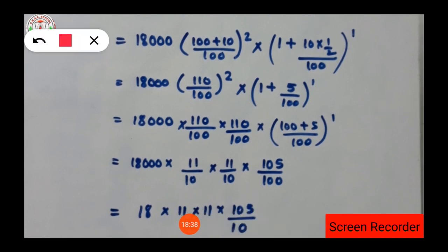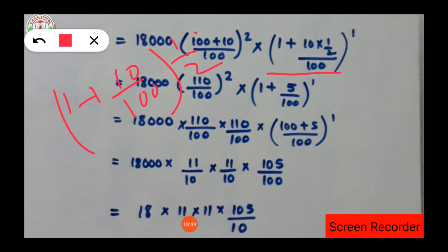In order to solve the second part of the question, 1 plus 10 upon 100 whole to the power 1/2 is given, isn't it? And 1/2 is the year.